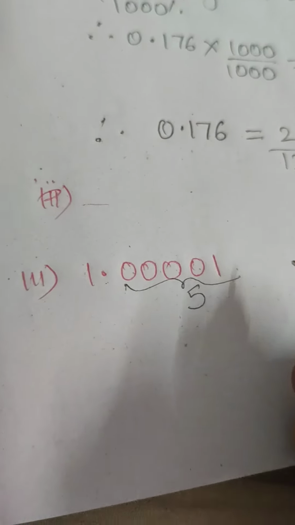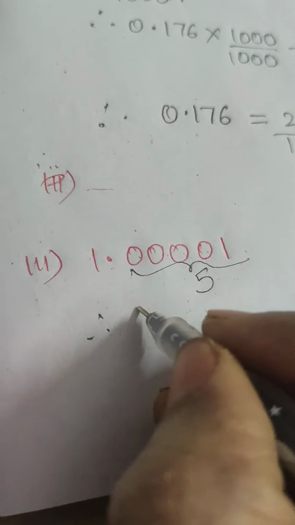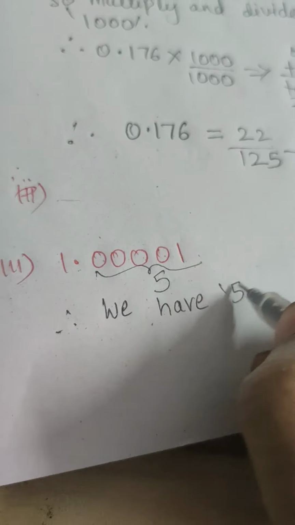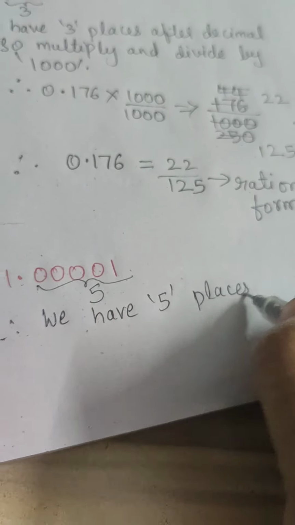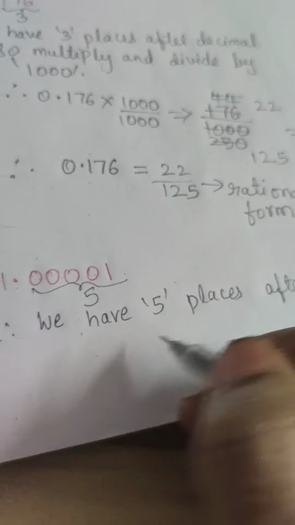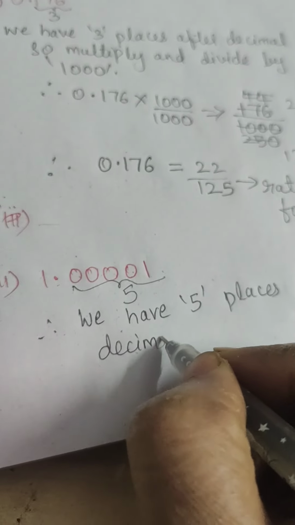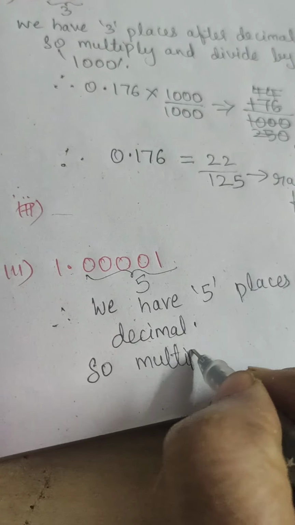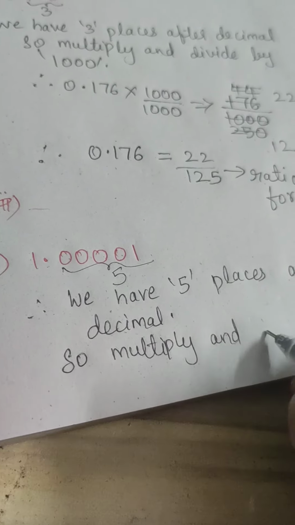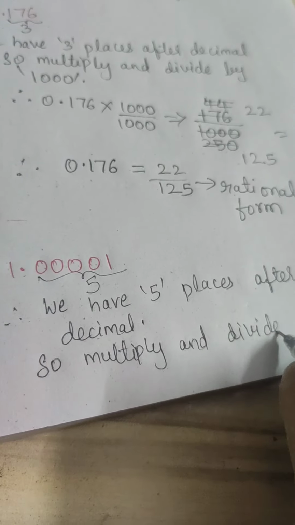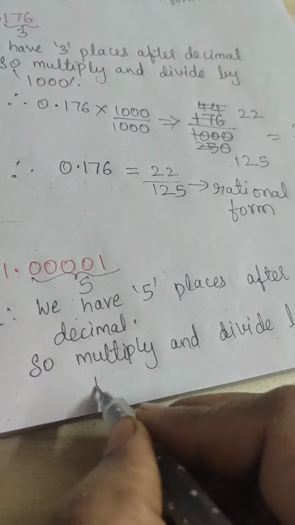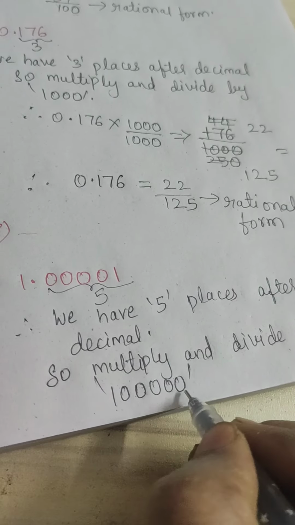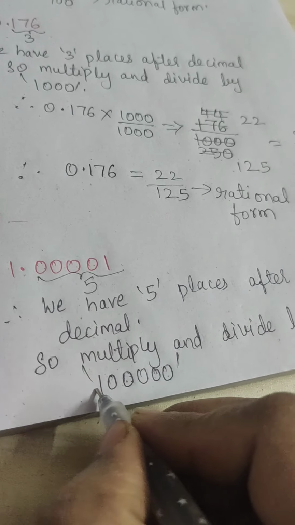So we have 5 places after the decimal. What should we do? Multiply and divide by 5 zeros, meaning units, tens, hundreds, thousand, 10,000, lakh.